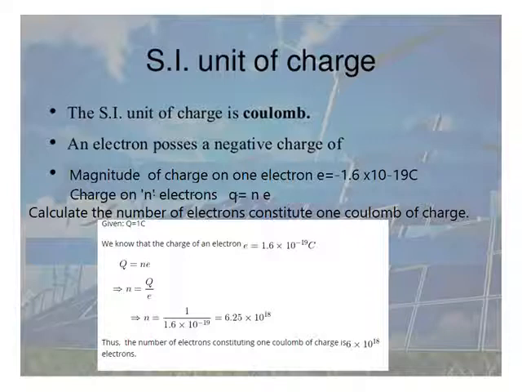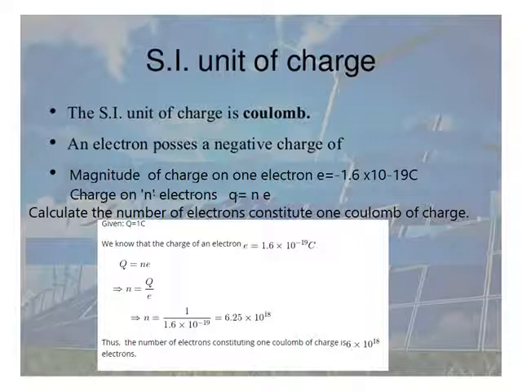Accordingly, the magnitude of charge on one electron, e, is equal to minus 1.6 into 10 to the power minus 19 coulombs. The negative sign indicates it is for an electron.